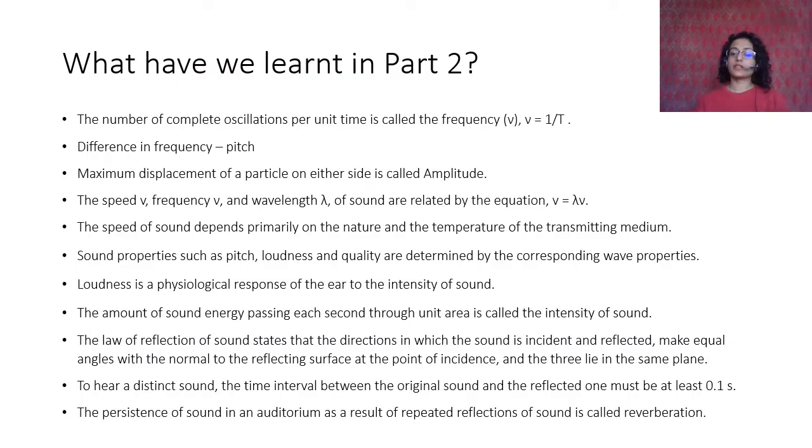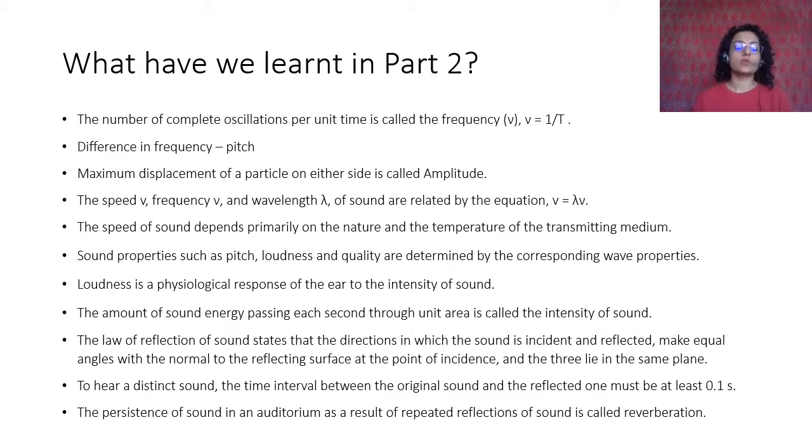This is what you have learned in part 2. I am just going to read through it, not going to explain it. The number of complete oscillations per unit time is called the frequency nu. Nu is equal to 1 upon t, where t is the time period. Difference in frequency is the pitch. Maximum displacement of a particle on either side is called amplitude. The speed v, frequency nu, and wavelength lambda of sound are related by the equation v = lambda nu.